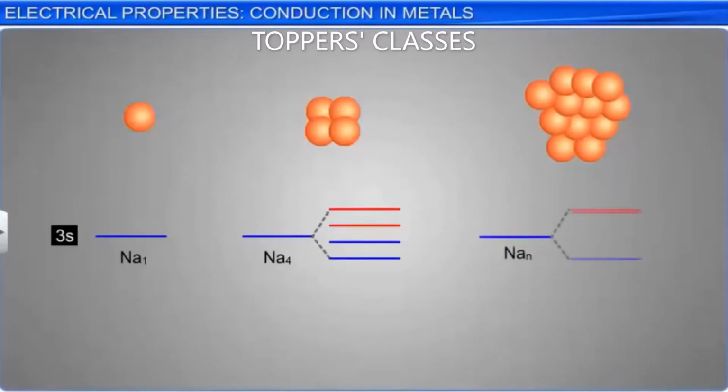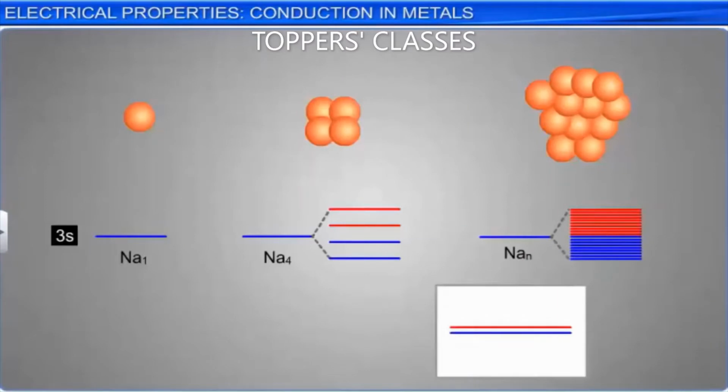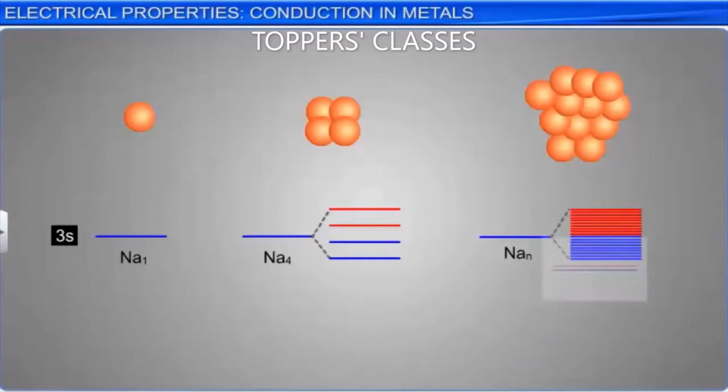Consequently, the difference in the energy between them becomes very small. Thus, in solids, the energy levels form continuous bands of energy rather than discrete levels of energy. This leads to a band of molecular orbitals of almost a continuum of energy.